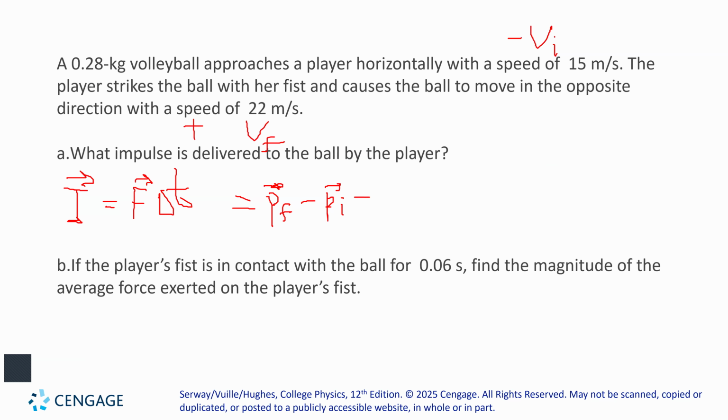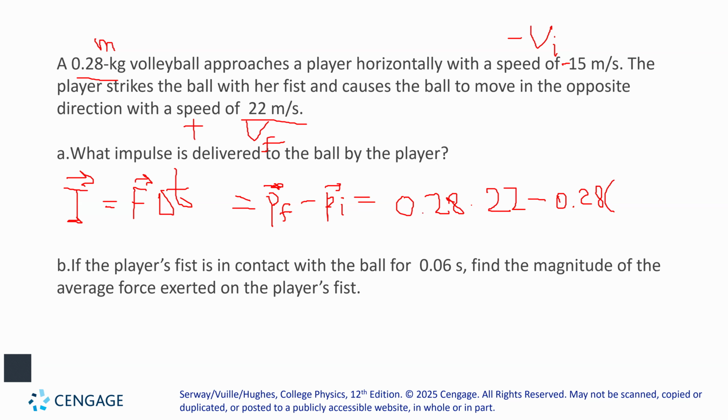So in order to write down final momentum, I will use the mass. That 0.18 kilograms is our mass. And then I'm going to multiply that by the final velocity, which is 22. And then I have to subtract, again, mass times the initial velocity. So 0.18, but here I need to be careful. If 22 was positive, then the 15 has to be negative.